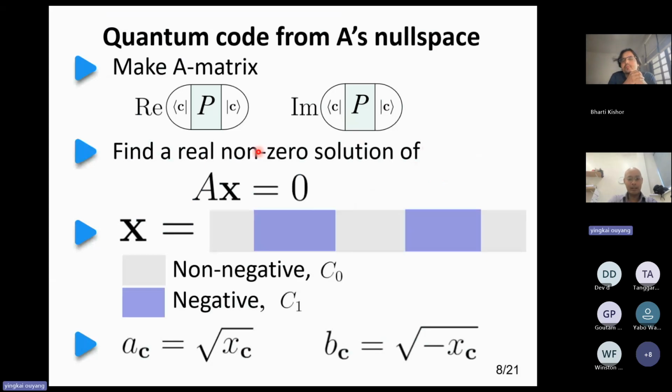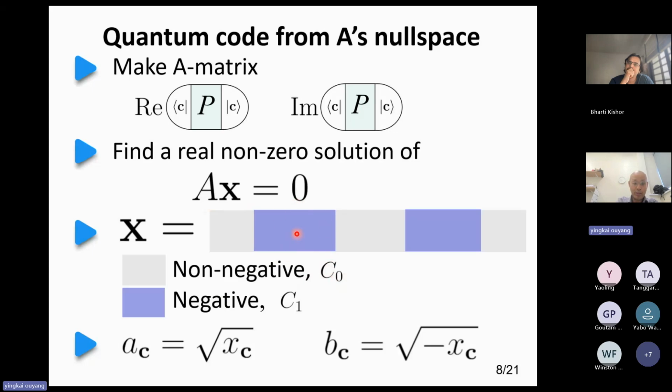Okay, so now when we solve this system of linear equations, this x is a real vector, and a real vector will have components that are either positive, negative, or zero. So for all of the positive parts, or I would say just non-negative parts, I'll collect those coefficients and declare them to be related to the C0 code.